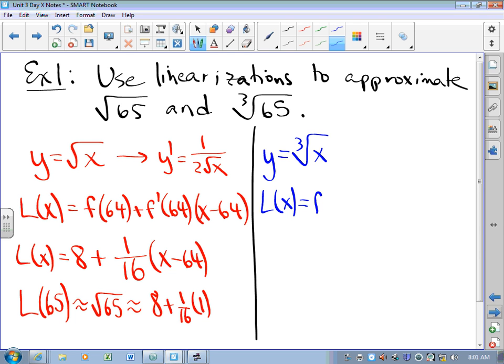And I say, I want f of 64 plus f prime of 64 times x minus 64, because I know what that function is at x equals 64.